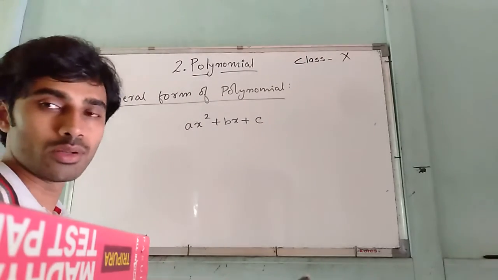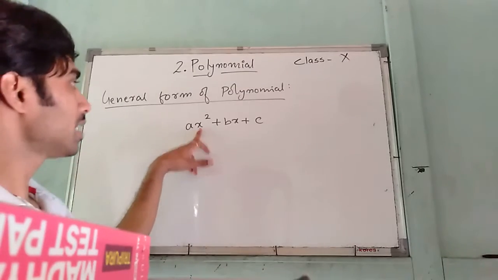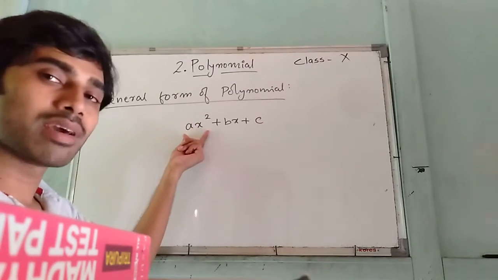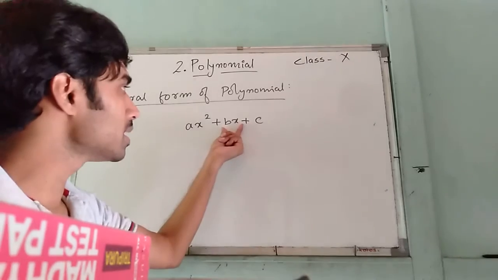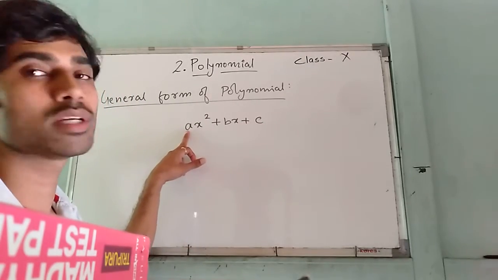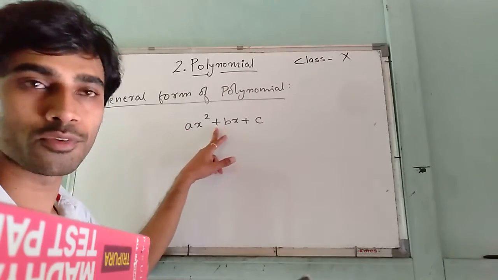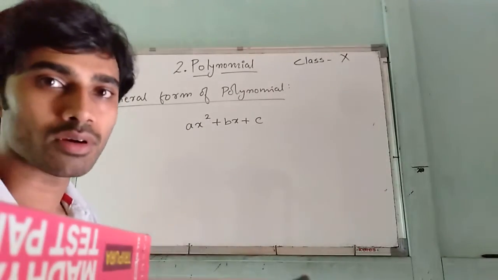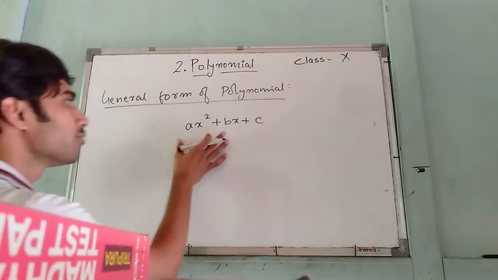The word coefficient is not new for you. Ax square is our first term, bx is the second term, and c is the third term. So what is the meaning of a? A means the coefficient of x square, b means the coefficient of x, and c is your constant term. This is the general form of polynomial.